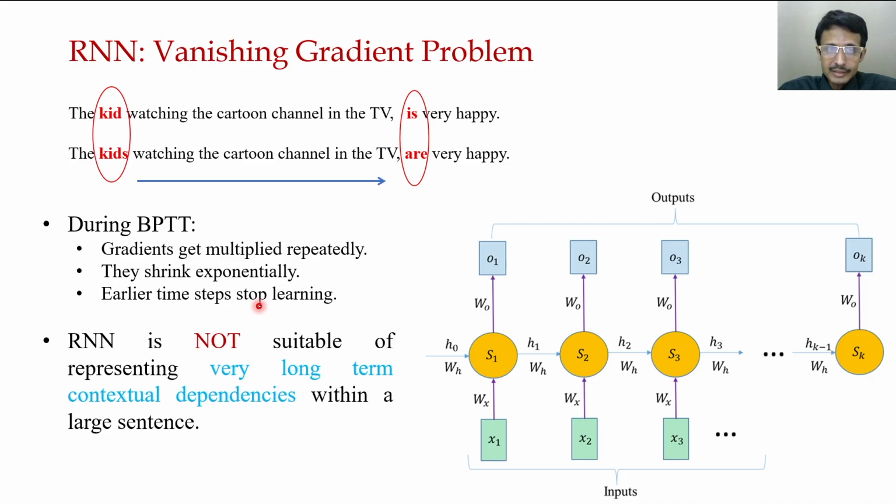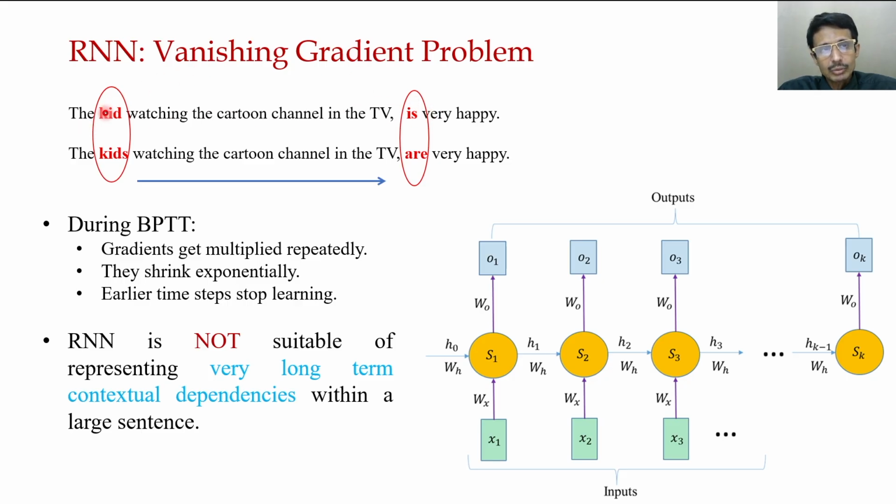Because of this vanishing gradient problem, RNN is not that suitable for very long-term contextual dependence. This is related to the context of the language.